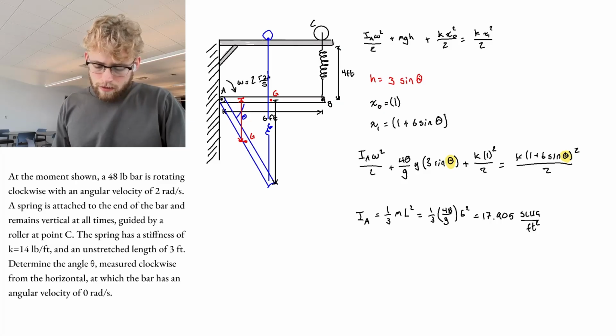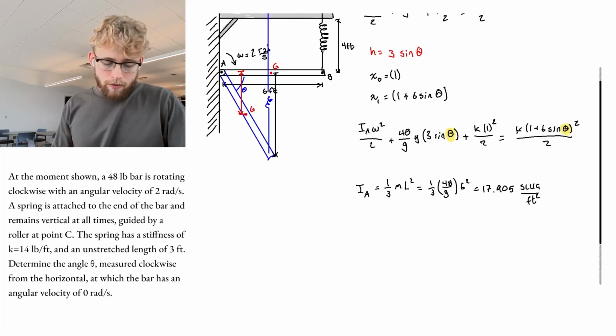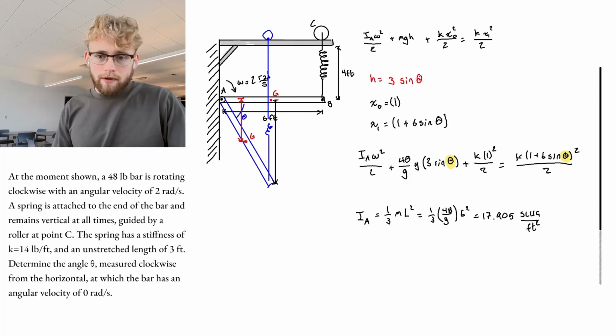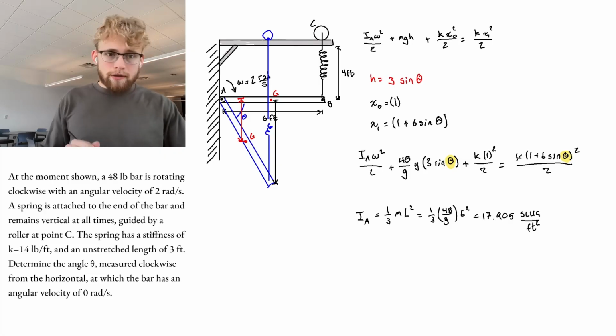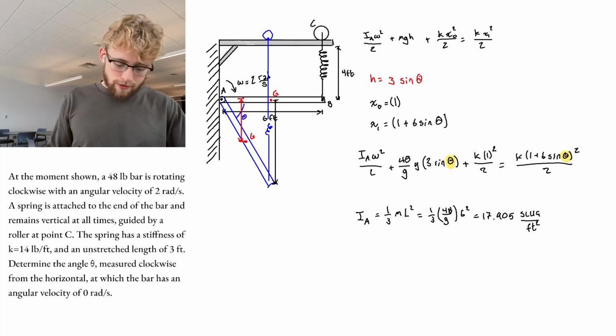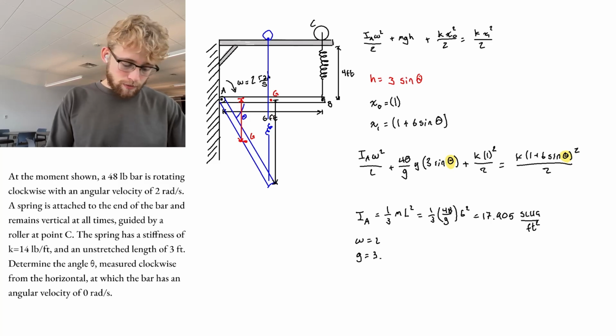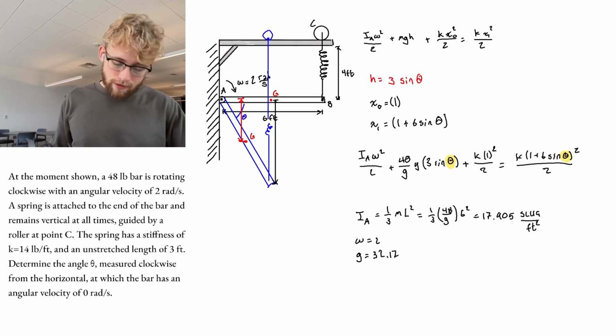All right. Now that we have that number, we can plug everything into this equation and we'll get our answer out when we solve for theta. I'm going to go ahead and do that. First, let me go ahead and define all of our other variables in here. So the angular velocity to start with was 2. G is 32.17, and k is 14.